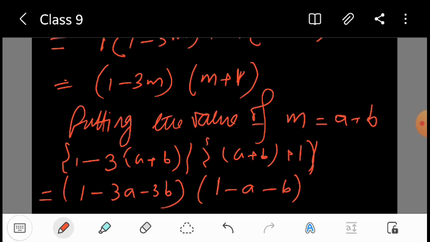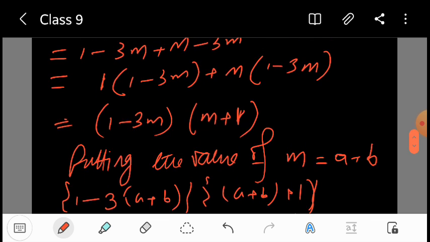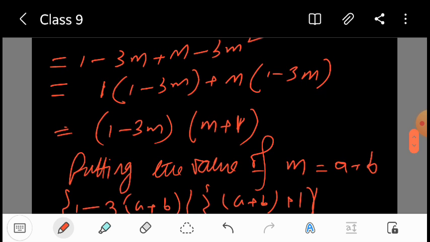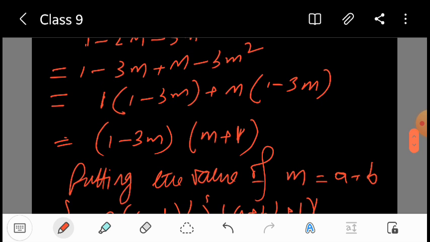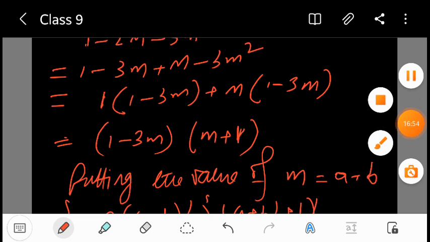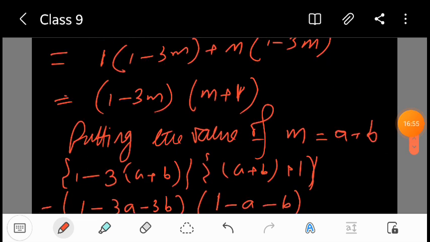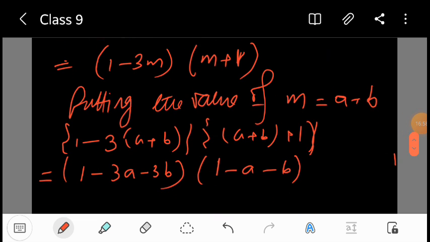Okay, something that I made a mistake actually. Sorry, this one is 1 plus a plus b, right? So this is how we can find out the following factors.